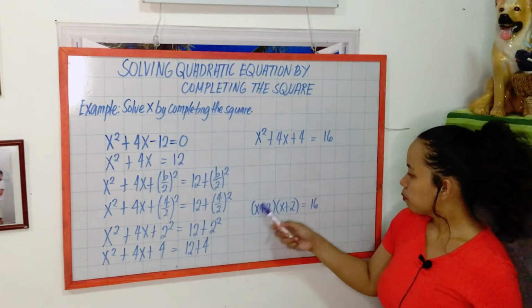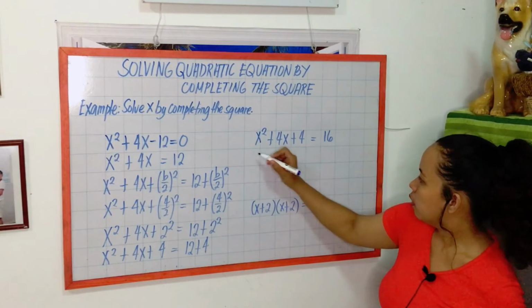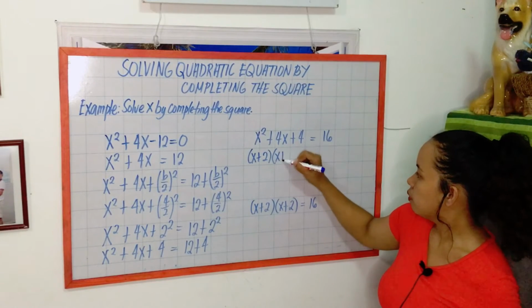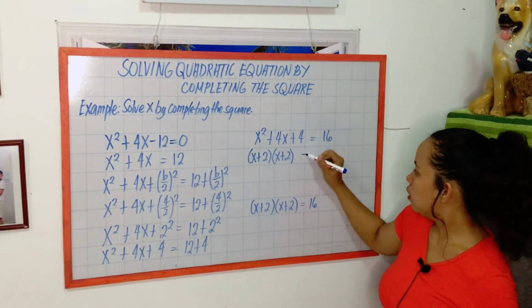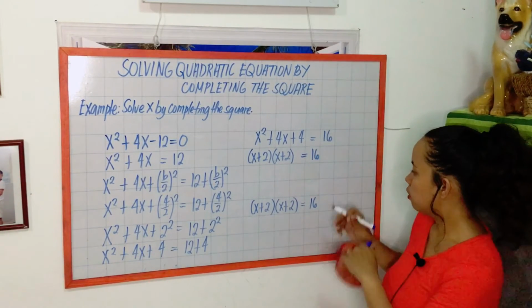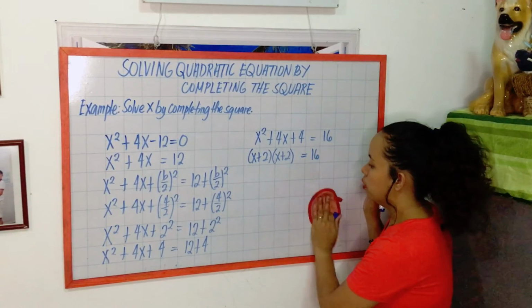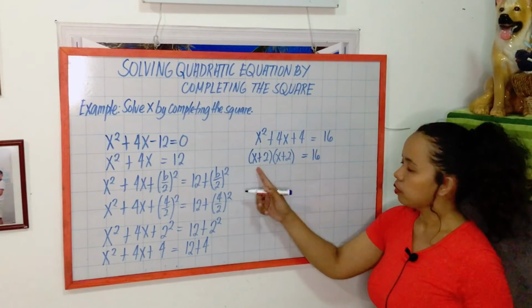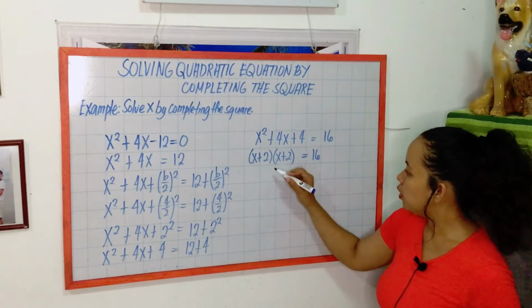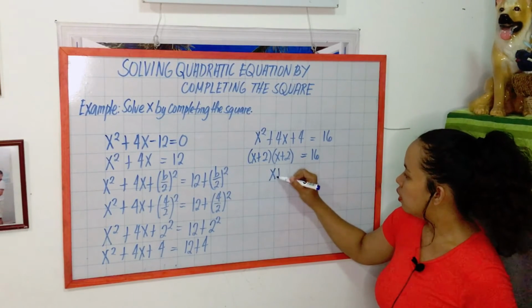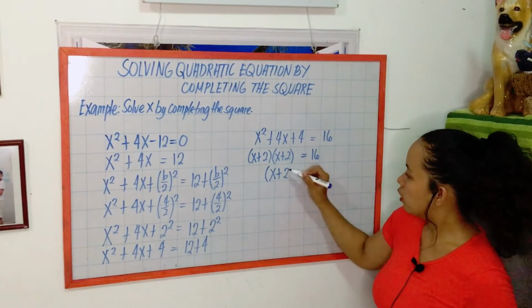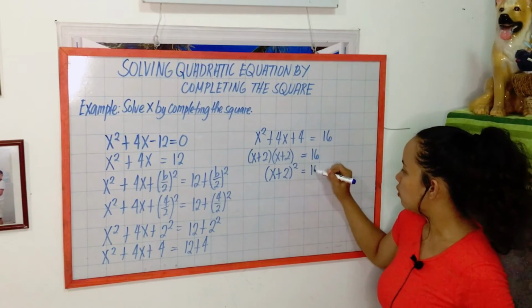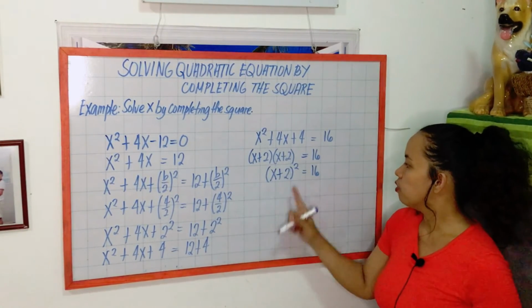So, sulat natin dito muna: x plus 2, and then x plus 2, is equal to 16. Since meron tayong parehong factor, magkapareho sila, pwede lang natin siyang isulat na ganito: x plus 2 squared is equal to 16, kasi pareho naman sila, so squared.